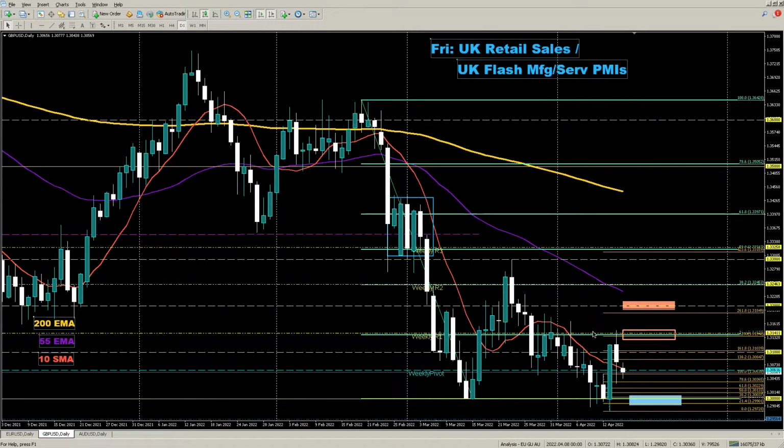It hit that, and it was also at the weekly R1 level, resistance level 1, and pulled back lower. Okay, so it's basically constrained, so this is a valid resistance zone, and then dropped back to close to the weekly pivot.